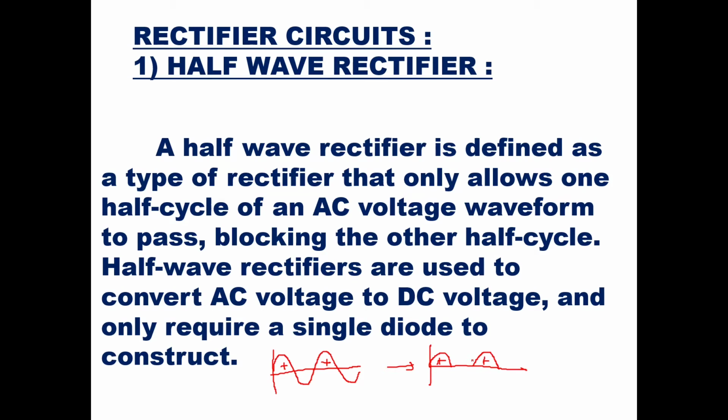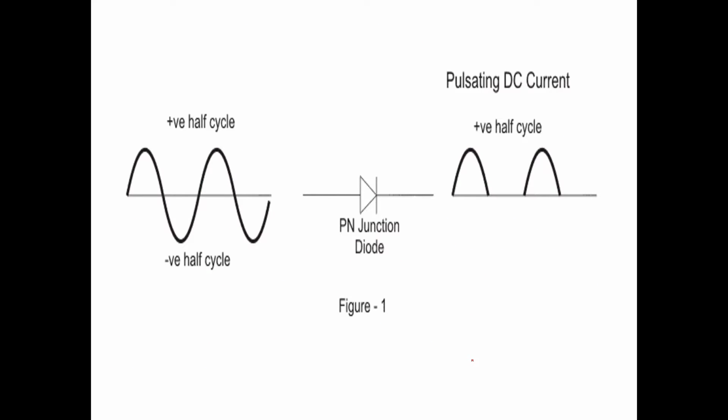A full wave means plus and minus cycle both should be rectified. But in half wave, only half cycle is rectified. The other half is not passed. Here, a simple diode is shown, and the input has negative half cycle and positive half cycle both. This will be the input, with positive half cycle, negative half cycle, positive half cycle, negative half cycle.